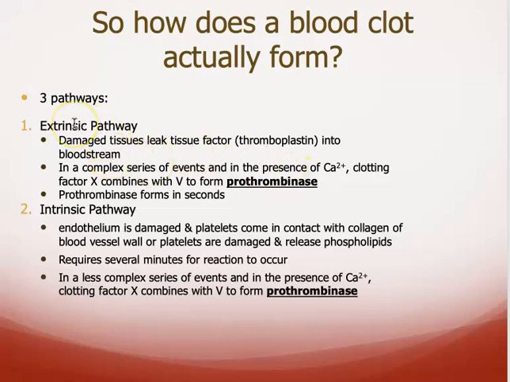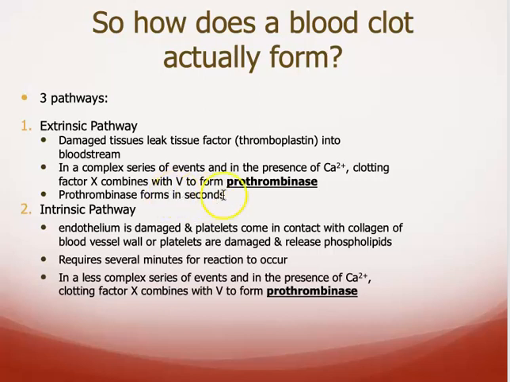In the case of the extrinsic pathway, damaged tissue is going to leak a factor called thromboplastin into the bloodstream. We're just going to say a whole lot of complex things happen, which results in factor 10 and factor 5 forming prothrombinase.